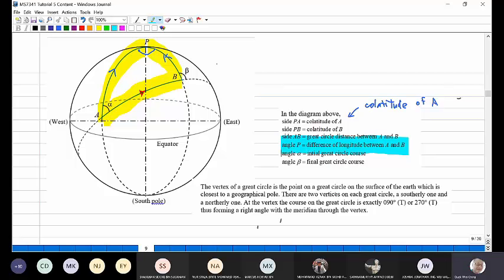So this is more or less the picture of the spherical triangle. Now, there is also one thing called the vertex. What is the vertex here? Let me use the orange color here. The vertex is a point on the great circle distance from A to B which is nearest to the pole.